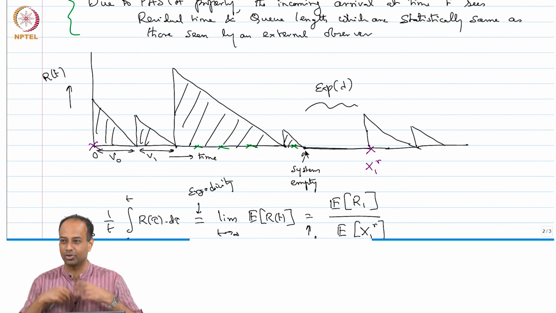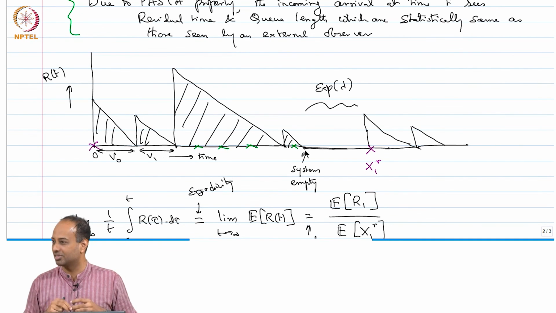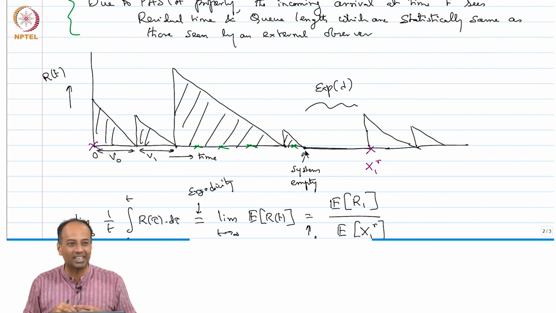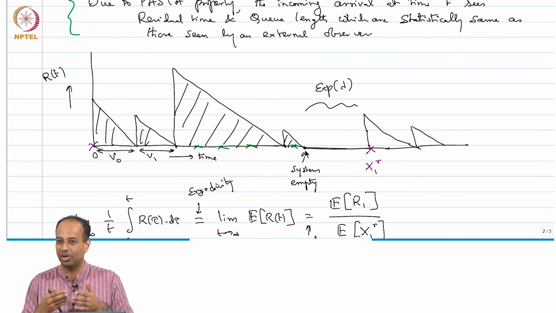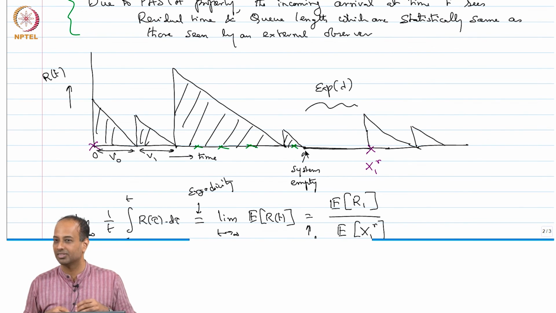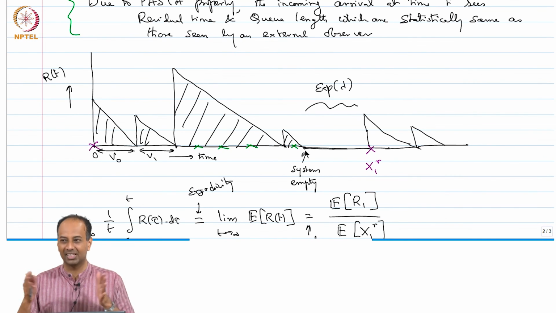See, this is just like if you are showing up to a bus stop, buses are a renewal process, right, you are arriving at a bus stop according to a renewal process, you are more likely to show up when the duration between 2 bus arrivals is very long. This is a bit like that, right.